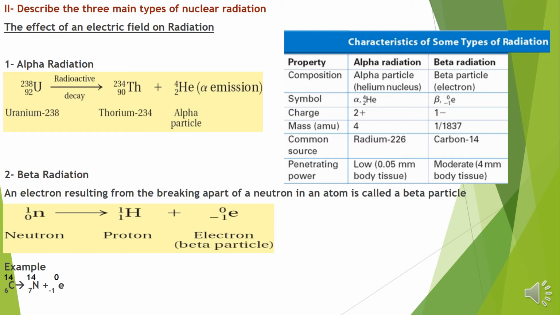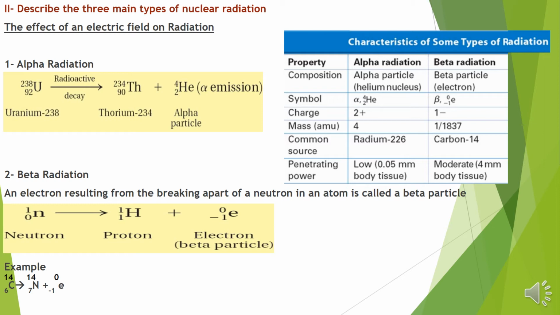Again, the nucleus is an unstable nucleus. The neutron here will emit the electron, which is the beta particle, outside the nucleus, and by changing it also gives a proton in the nucleus.